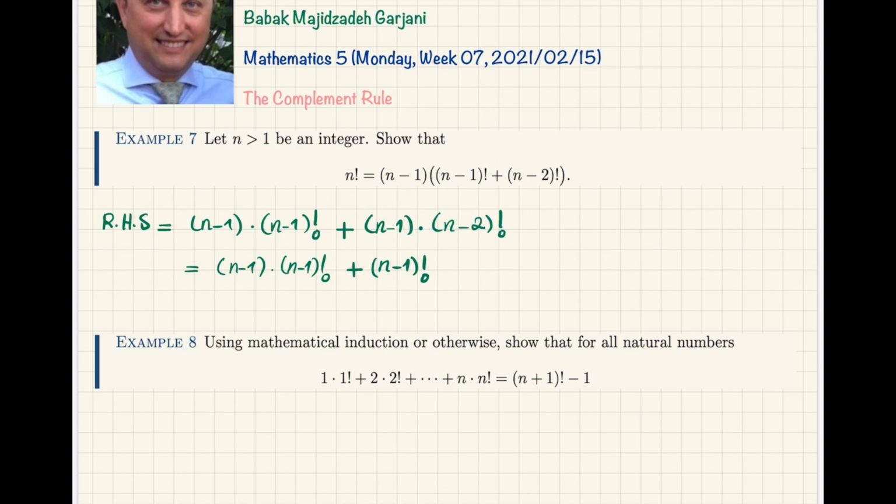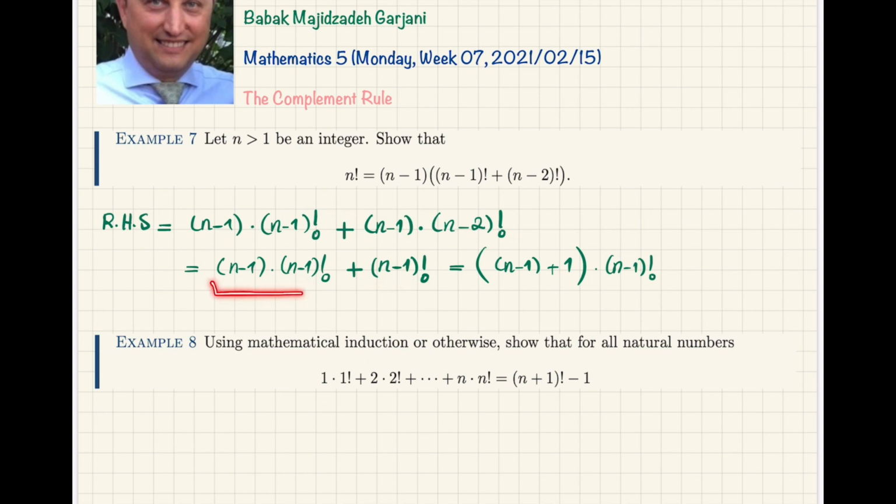And now you see that n minus 1 factorial appears as a factor here and there, so I can factor it out. So this becomes n minus 1 plus 1 multiplied by n minus 1 factorial. What I have done is pull this out.